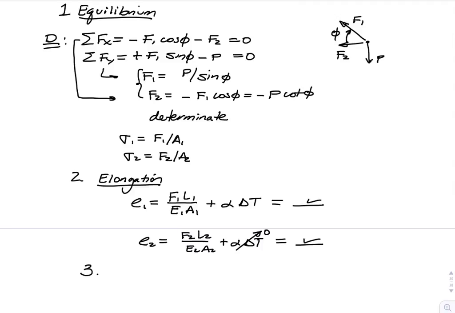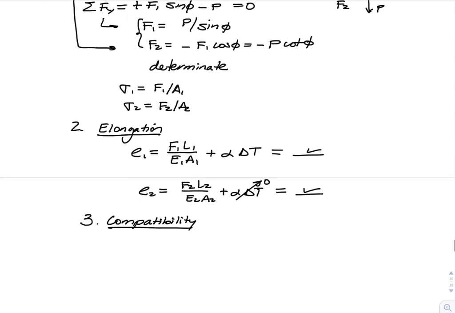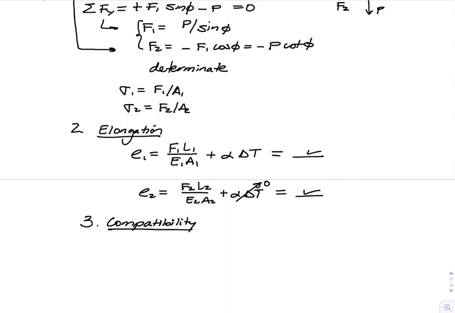Therefore, our compatibility equations, our displacement equations, are our usual displacement elongation equations, which says that e1 is equal to the displacement of joint D, U sub D, times cosine of theta 1 plus the vertical displacement of that point D, V sub D, times sine theta 1.